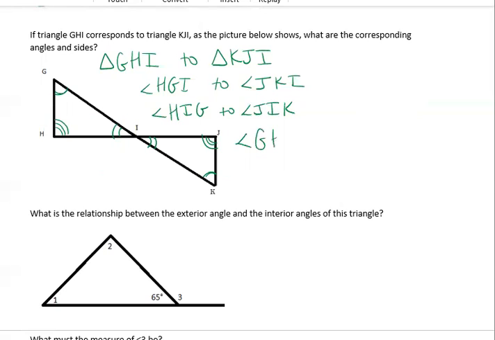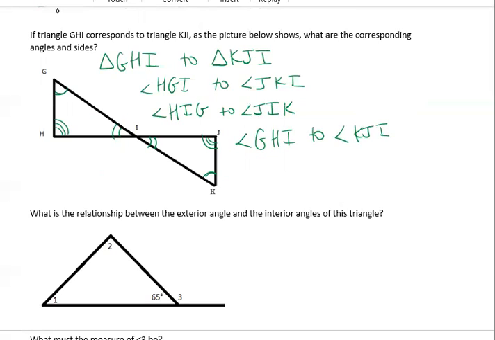So angle GHI corresponds to angle, listing in the same order, KJI. So again, that was the one I marked, KJI, I marked that one, and then GHI, I marked that one.